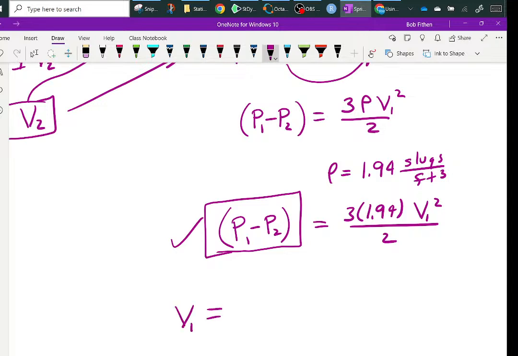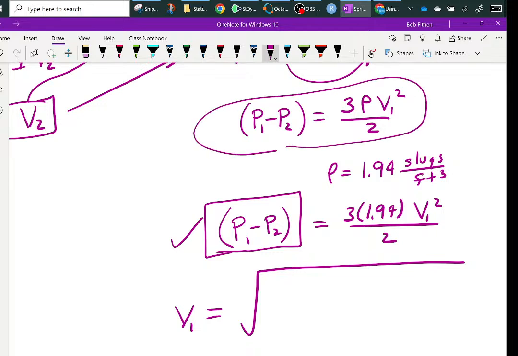V1 is equal to the square root of, and I'm going to write it back in this form because mine's going to be air, so I'll get 2 times P1 minus P2.